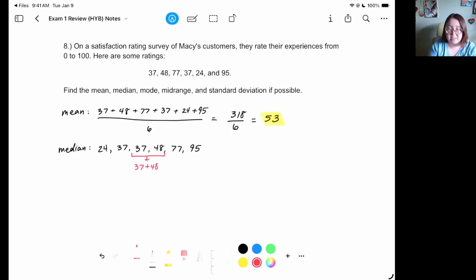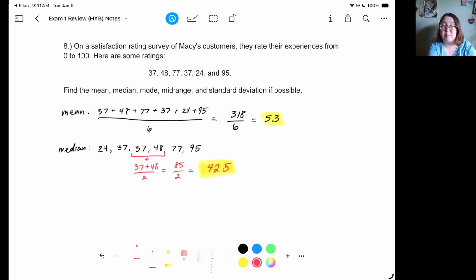So we have 37 and we're going to add 48 and divide by 2. We'll add 37 to 48. This will give us 85, which we're dividing by 2, and this will give us 42.5. And that is our median.